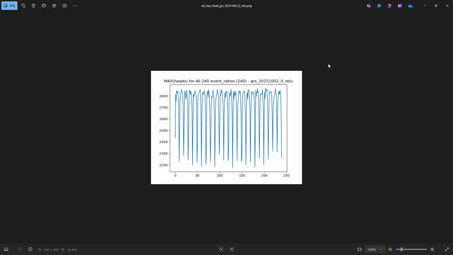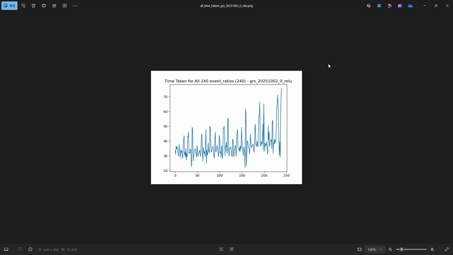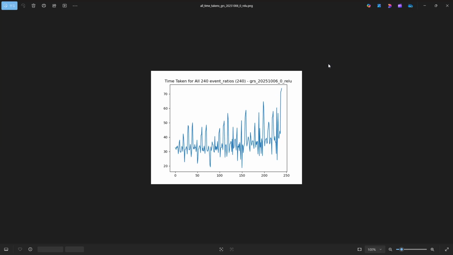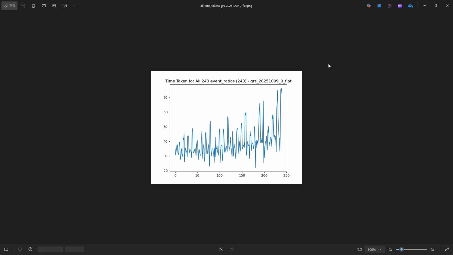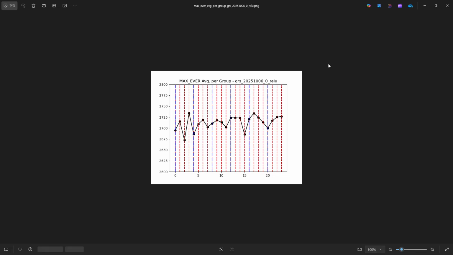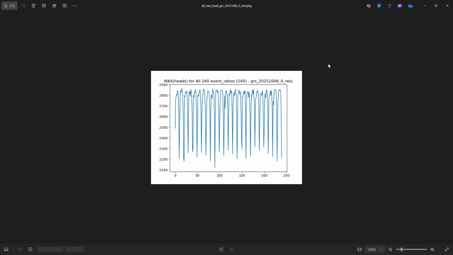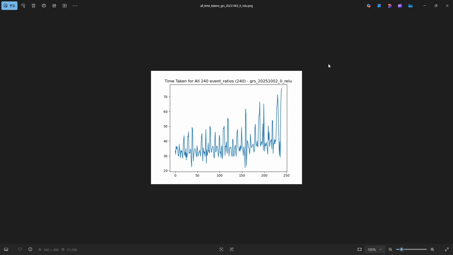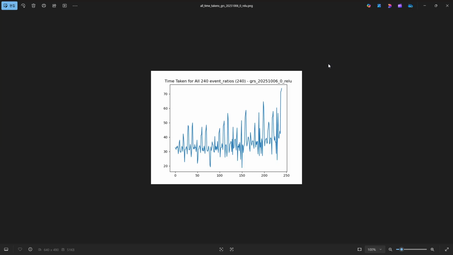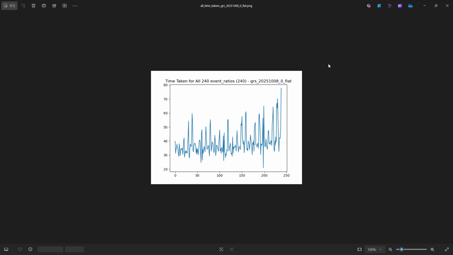Maximum errors. Yeah, we know this. Time taken. So data points stay relatively the same, whereas time taken does seem to increase as the chill event ratio increases, but not by a lot.